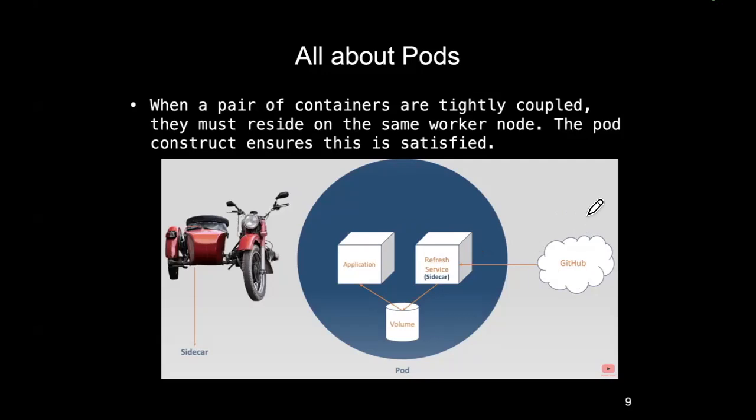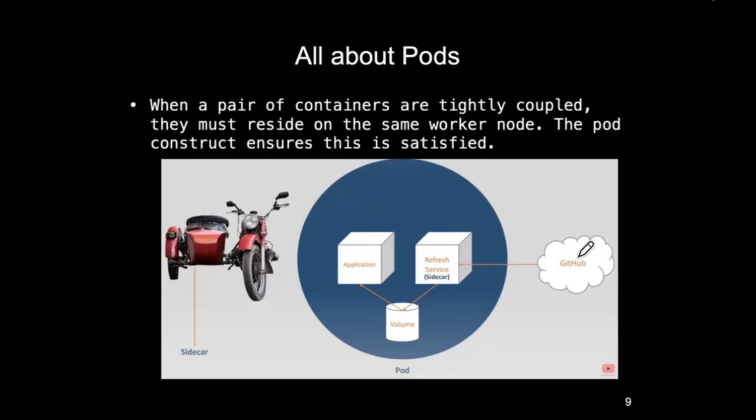So we could push a change to a GitHub repo. Maybe there's a webhook between GitHub and this sidecar container, which means the sidecar container is now aware that a change has been made to the GitHub repo. Maybe this GitHub repo just contains configuration information for this pod.